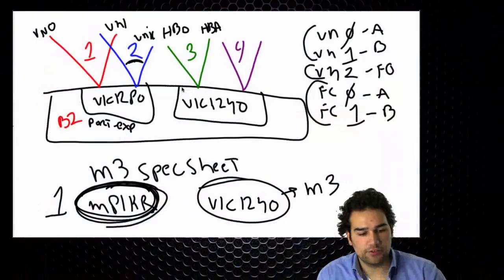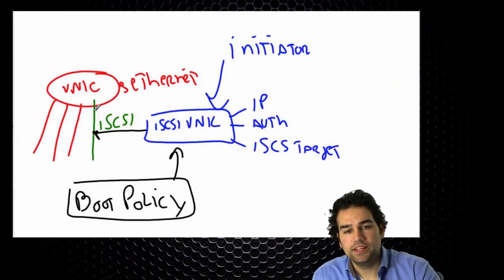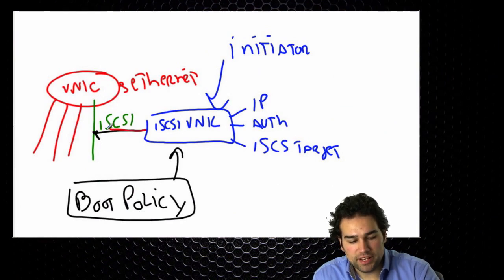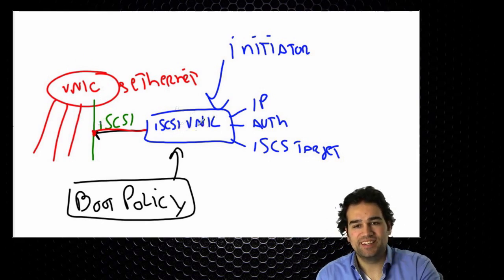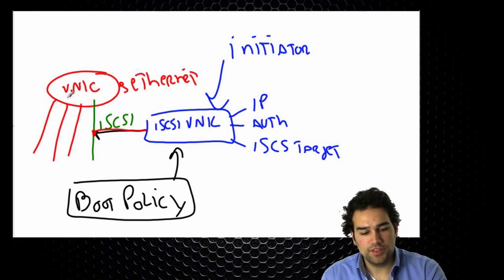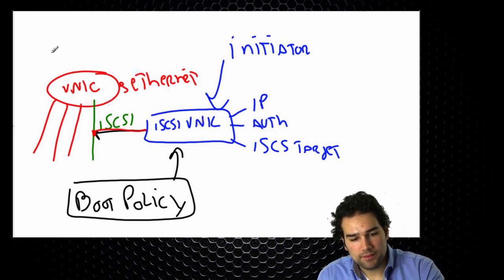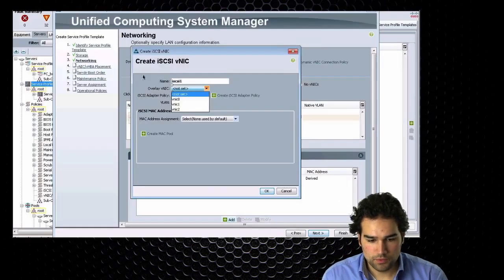Remember what I said earlier? I'm going to hijack that vNIC and place a connectivity path here to lay my iSCSI initiator vNIC on top of the other vNIC. So this vNIC, in my case, is going to be vNIC 0. So vNIC 0 is the one that I'm going to select here.